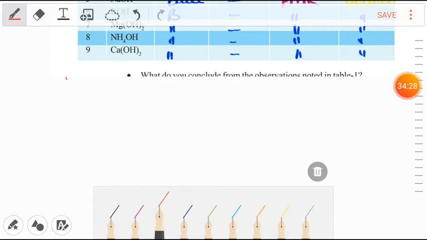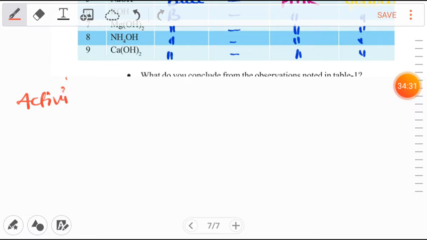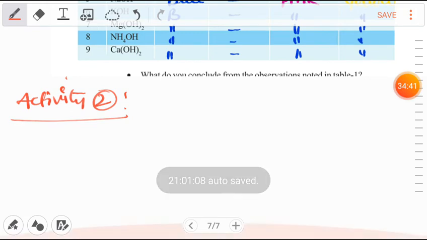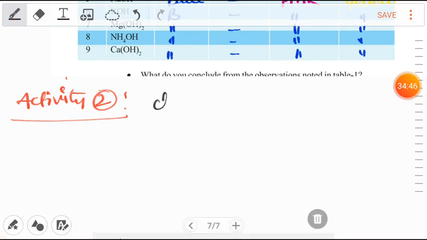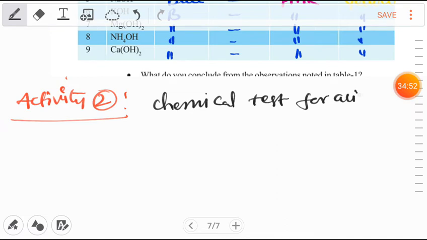Second one, activity 2. Activity 2, what are you going to do? Chemical test for acids. What test are you going to do? You're going to take a test tube.